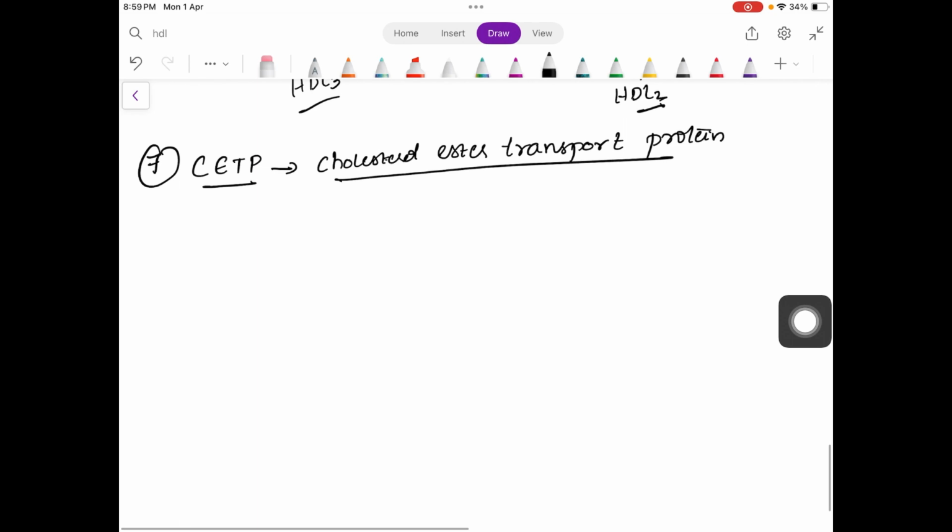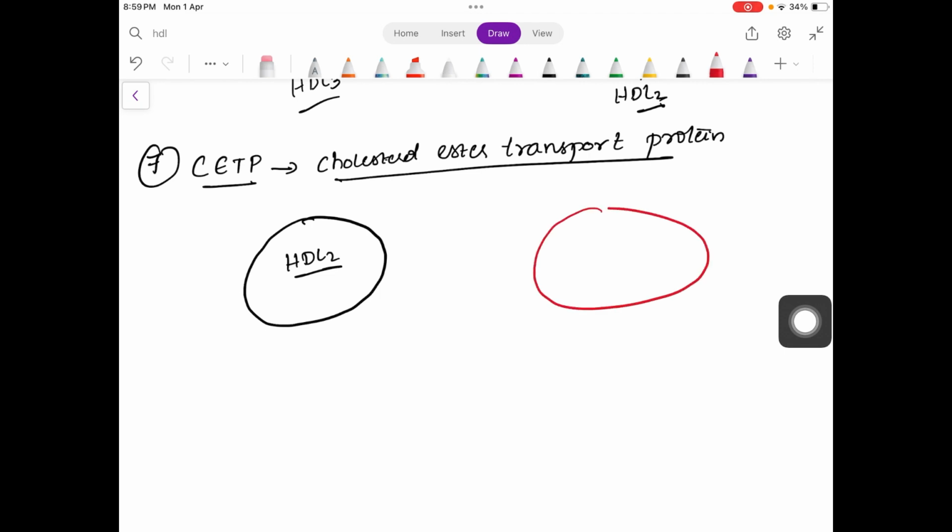This CETP, what they will do, they will cause exchange of cholesterol and triacylglycerols from other ApoB molecules. That means this is HDL2 molecule, and this is either VLDL or LDL molecule.